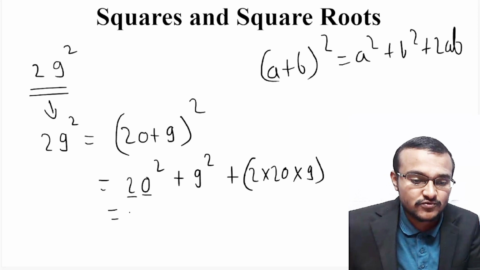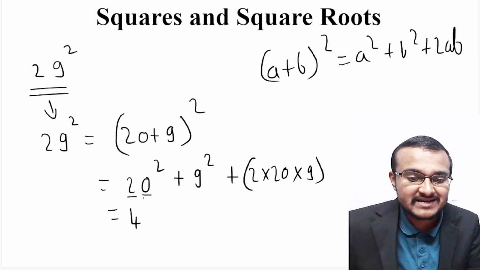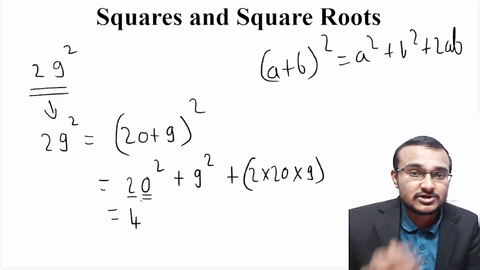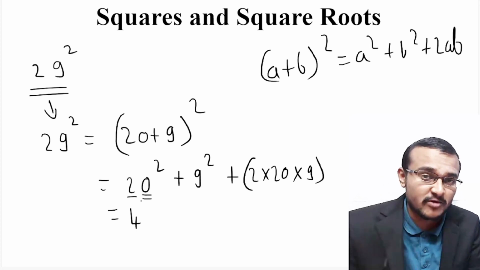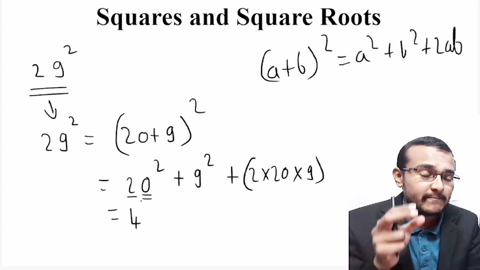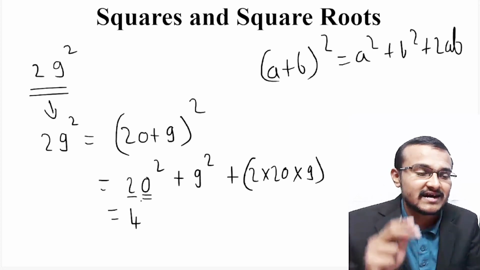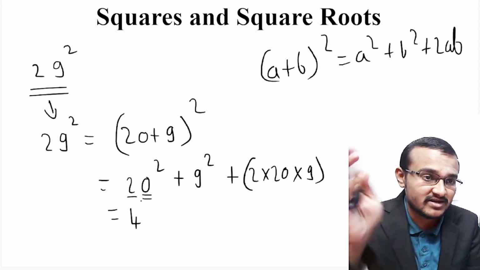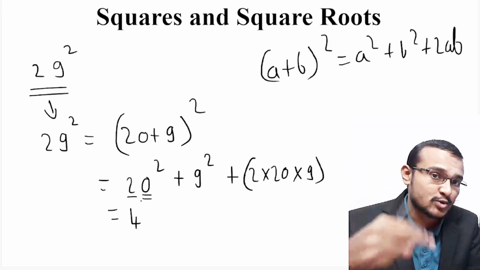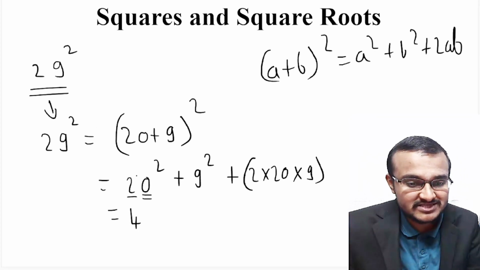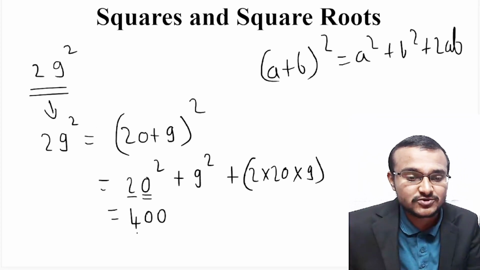Just take the square of 2. Square of 2 will be 4 and just take the square of 0. So I actually told in one of the properties that if a number has one 0 in it and you take the square of that particular number, then its square will have twice the zeros. So here 1 zero is there in this particular 20. So in the square it will have 2 zeros.